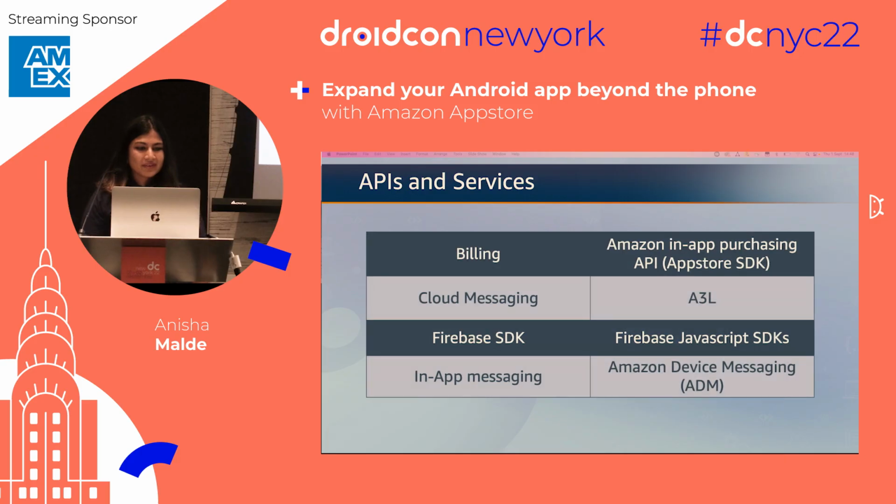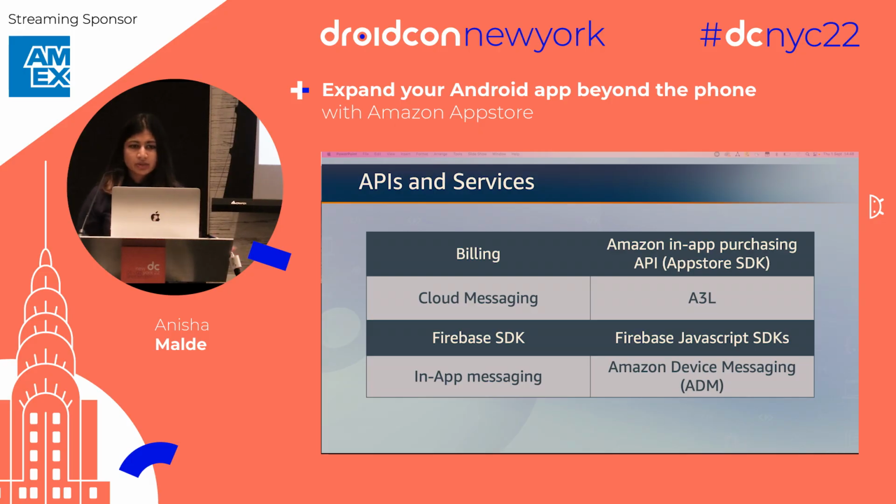So as developers with apps, I'm sure on multiple app stores already, there are some differences that you have to consider when it comes to supporting your app on Windows. Amazon provides a useful suite of equivalent APIs and features to modify your Android app to get it working on Windows 11 specifically. For example, for billing, you can use the Amazon in-app purchasing SDK.